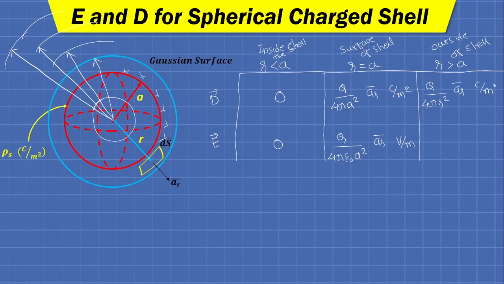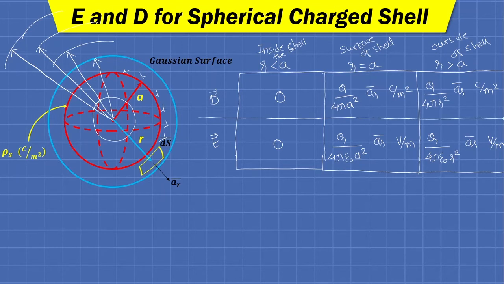Fine. So this is very easily understandable. So here, as you can see, we have completed our summary table for flux density and field intensity.